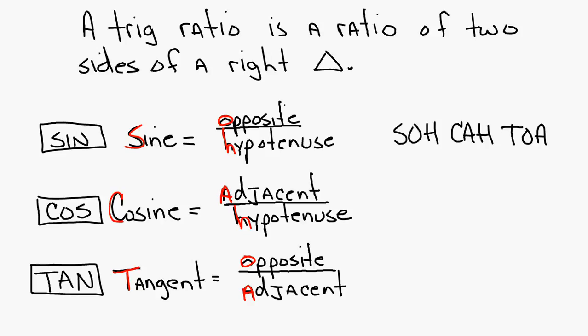So today you're going to be writing some trig ratios when you're given a right triangle. So look at example 1 on the bottom of 541. You're given this triangle.